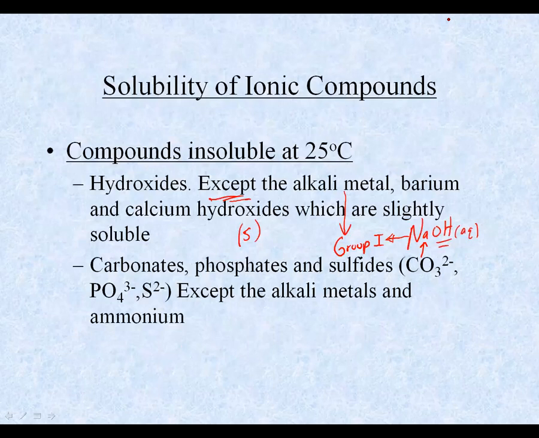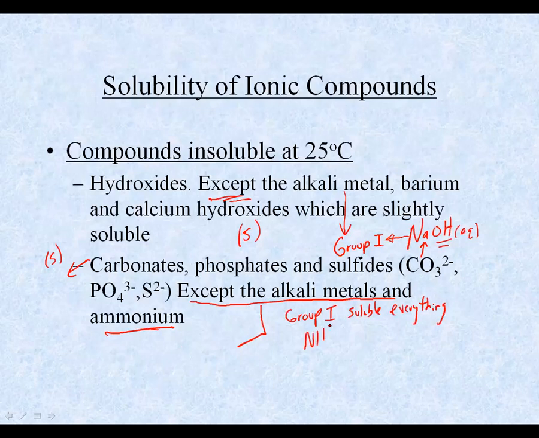Carbonates, phosphates, and sulfides are typically insoluble in normal cases. So all of these should get a solid next to them, except if they happen to be connected to one of these 2. And these 2, again, are what we saw on the previous slide. These are group 1, which is soluble in everything, and also ammonium, which is NH4+, which is soluble in everything with no exception.